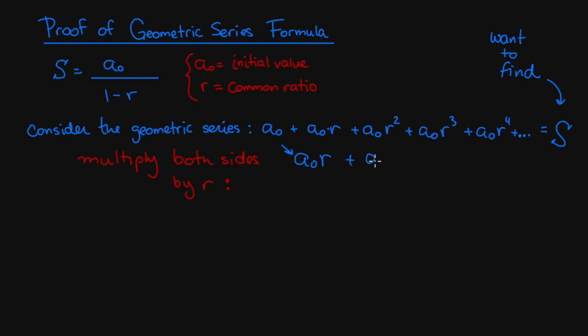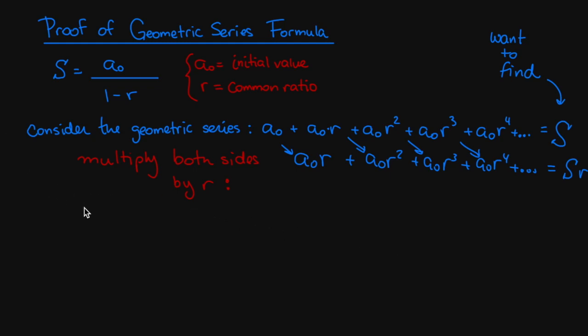Then the second term, when I multiply it by r, would become a0 r squared. The third term would be a0 r cubed, and so on. So every term, when I multiply it by r, gets shifted to the right one position. And on the right hand side, it's pretty straightforward. We just get s times r.